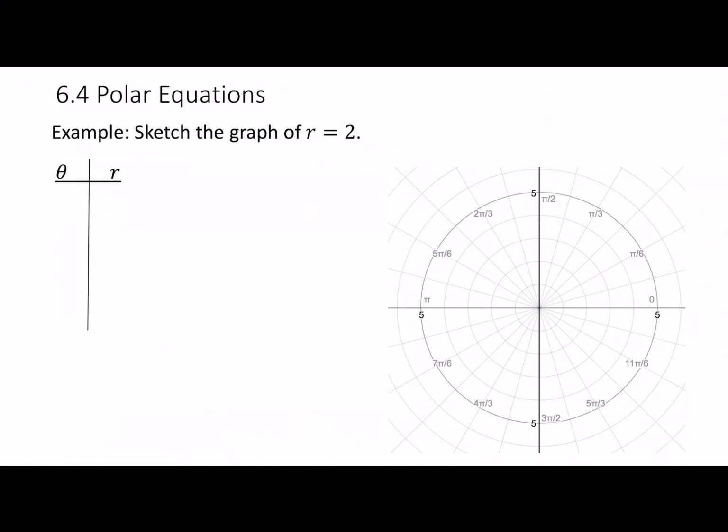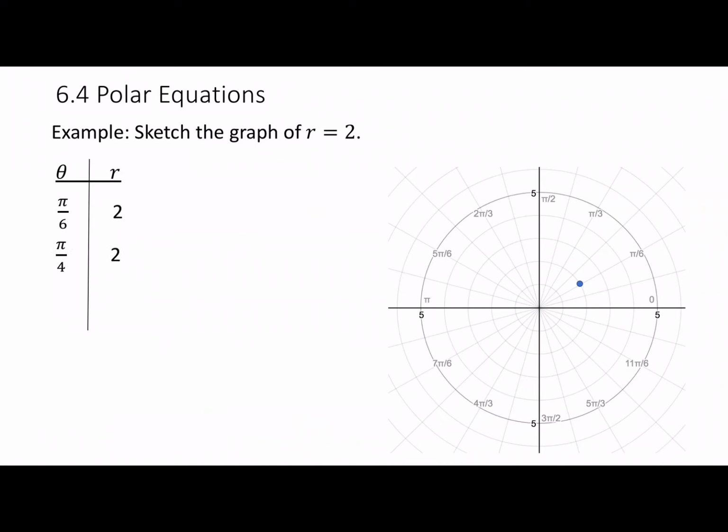Now what if I fix the value of r? So here I want to sketch the graph r equals 2. So I'm going to let my angle theta vary, and r is going to stay fixed at 2. So when theta is pi over 6, r is 2. So we're going to plot the point 2 comma pi over 6 here.